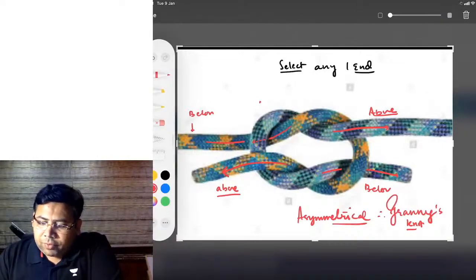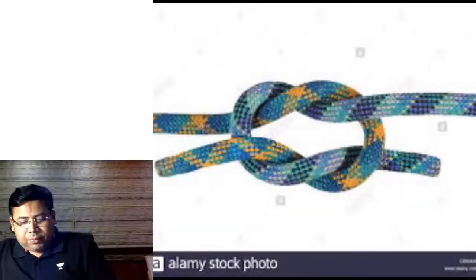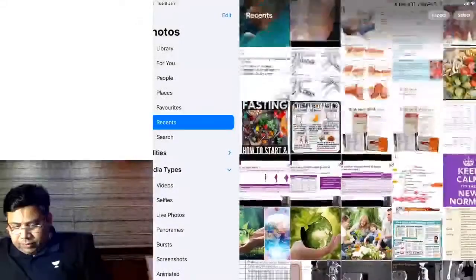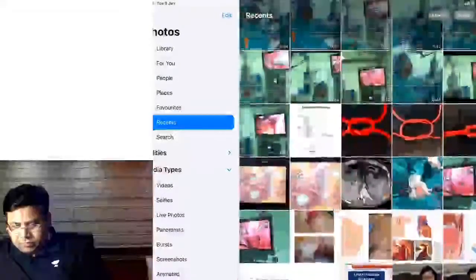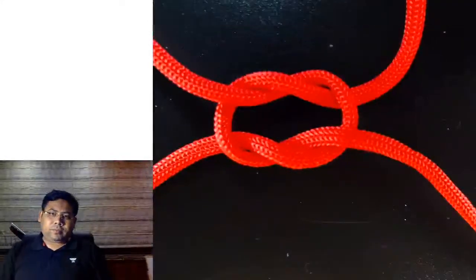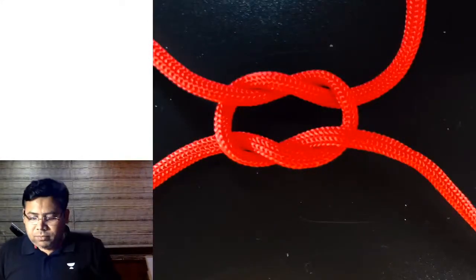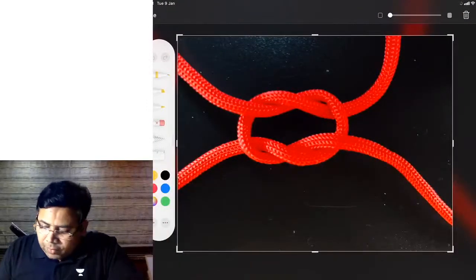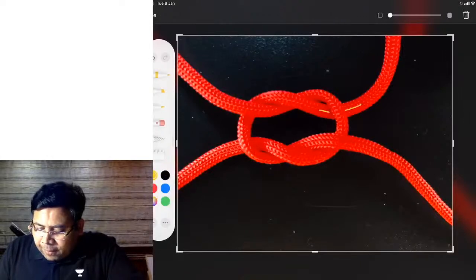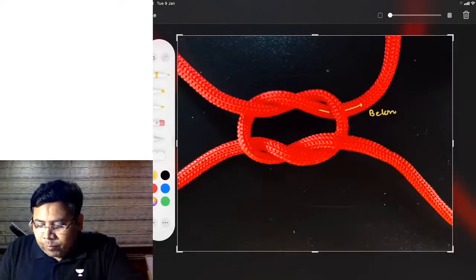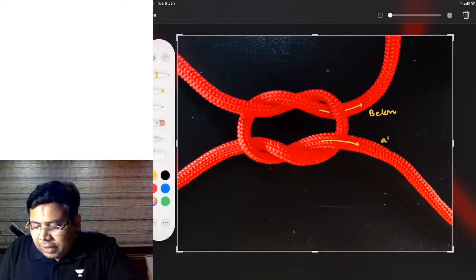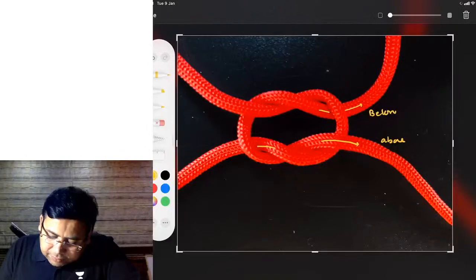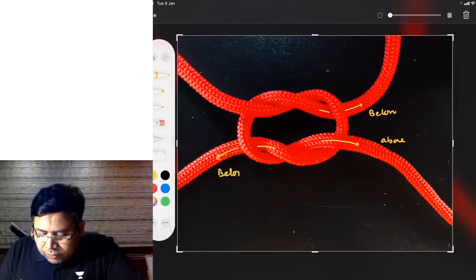Again, I will show you one more example. Just give me a minute. Okay. Try to see this knot. Tell me what kind of knot it is. This end is below. This end is above. Again, on this side, this end is below.